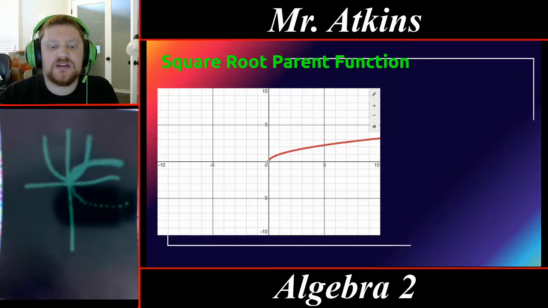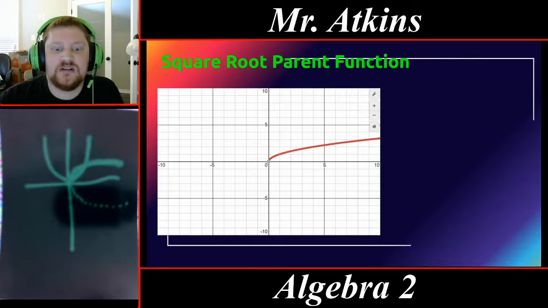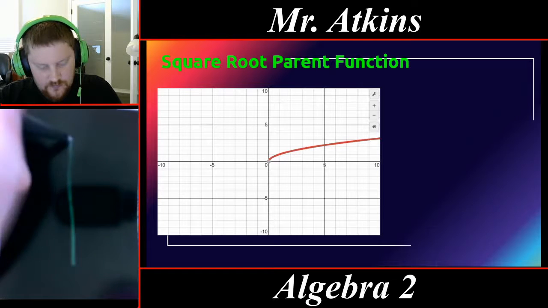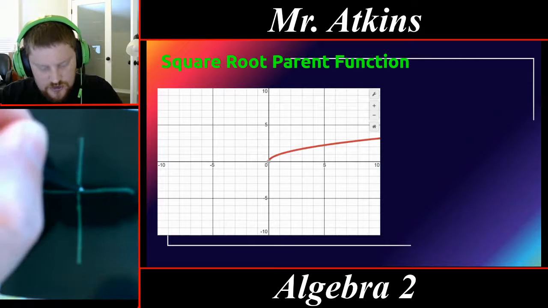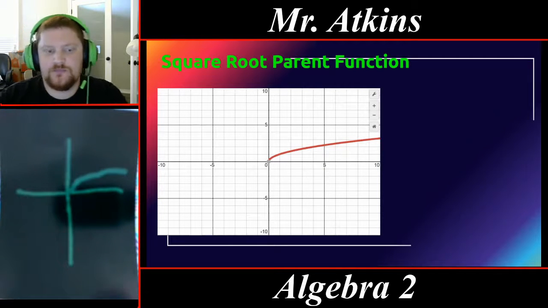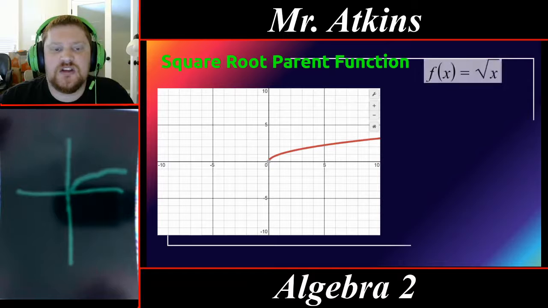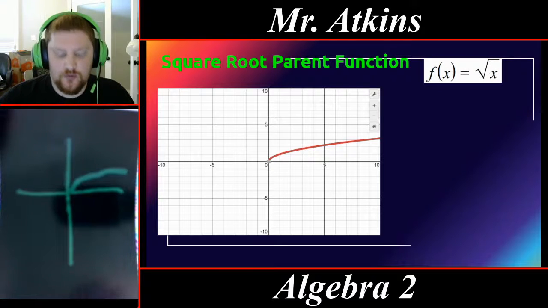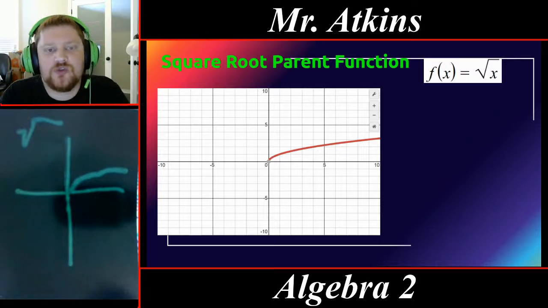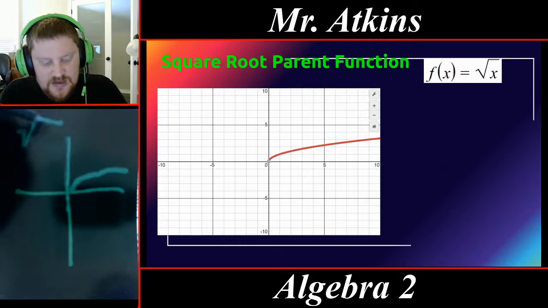We'll get into more detail as to why that happens in later lessons, but just know that for our square root function, it's just this line that you see on your graph now. The equation for this is f of x equals square root of x. That funny little symbol, I'll call it a radical or the square root sign, we read it as square root.